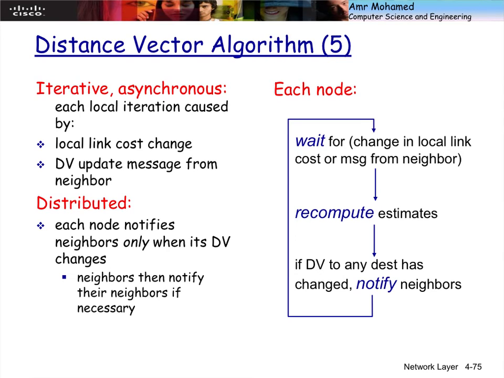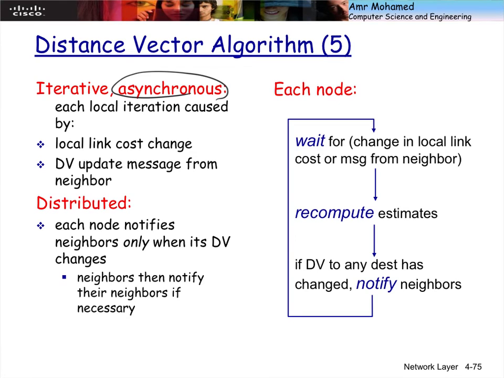So let's see. Before that, one characteristic here which is very important. As we said, it's iterative, but we don't know the number of iterations here. We don't know when we reach the global minimum. But another characteristic which is very nice and very important: it's asynchronous. I don't have to wait to get all the vectors of distances from all the neighboring nodes in order to run Bellman-Ford.